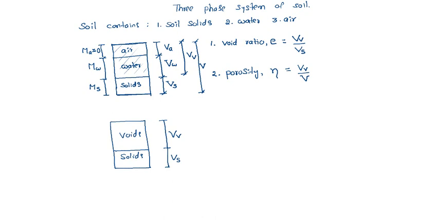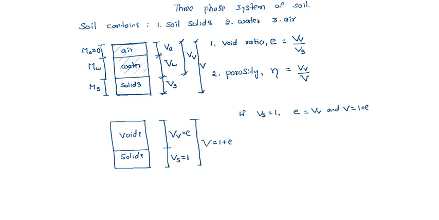This total volume is V. Suppose you take volume of solids as 1. In the void ratio formula, e equal to Vv by Vs, so obviously if volume of solids equals 1, then e equals volume of voids. That means Vv equal to e, and total volume V equal to 1 plus e.